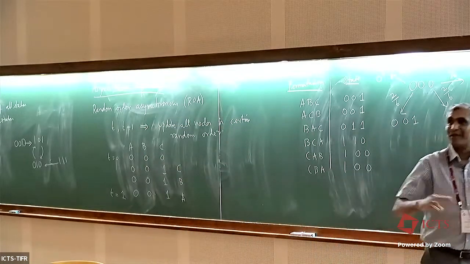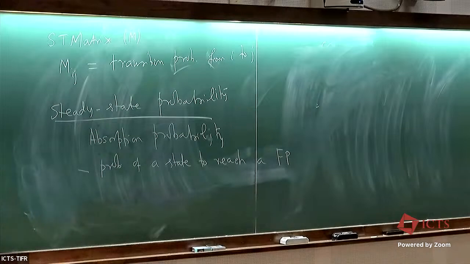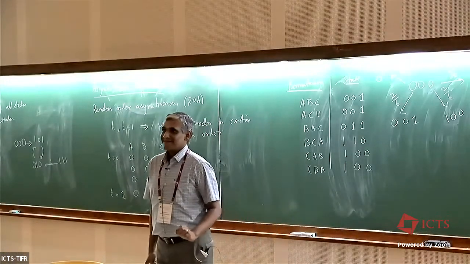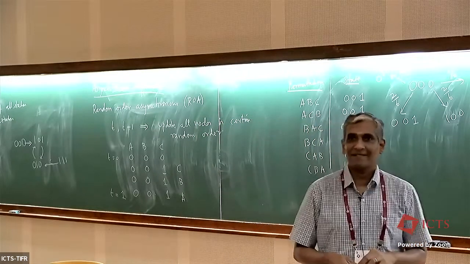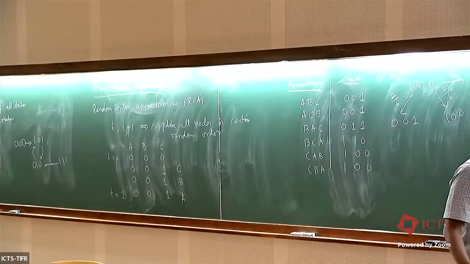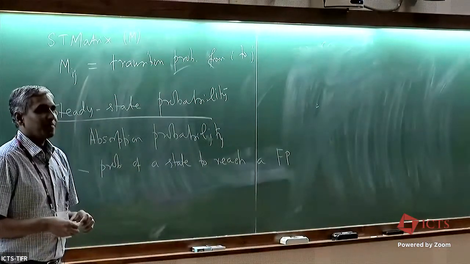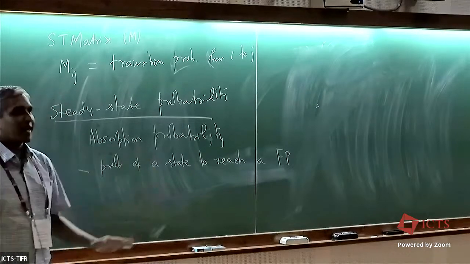Cyclic is extremely hard. There is no clean way to do it right now. We're only looking at fixed points right now. Yes, all the absorption probabilities, absolutely correct.